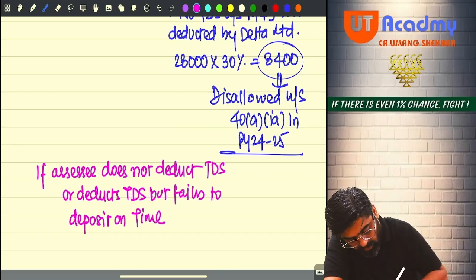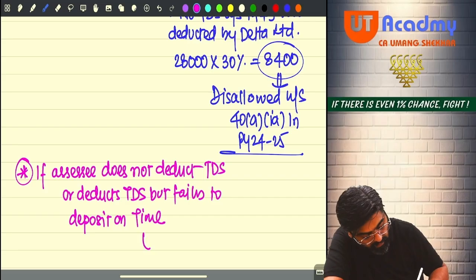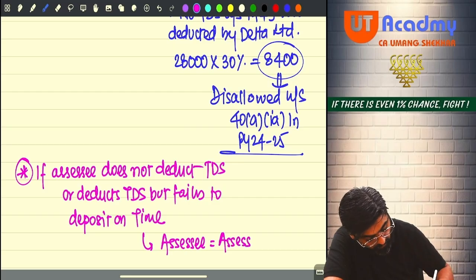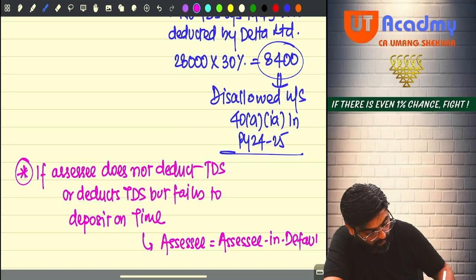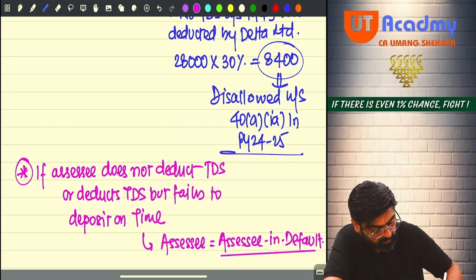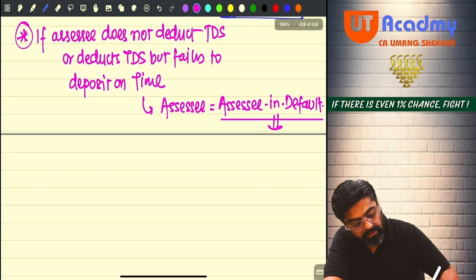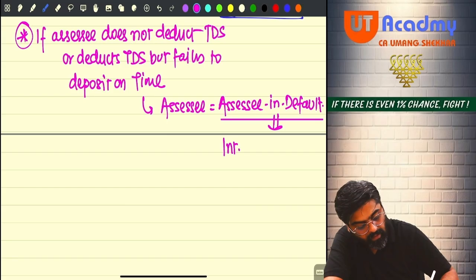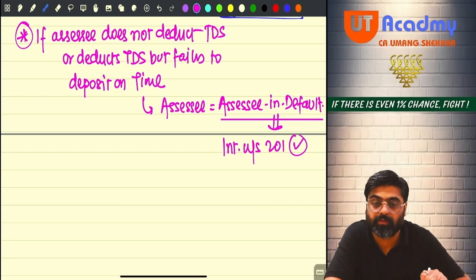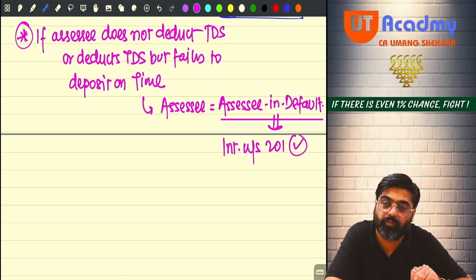Sure, no? If this thing happens, then the assessee will be treated as assessee in default. Now this type of assessee is known as what? Assessee in default. And once he becomes assessee in default, interest under section 201 is charged from him for becoming assessee in default.